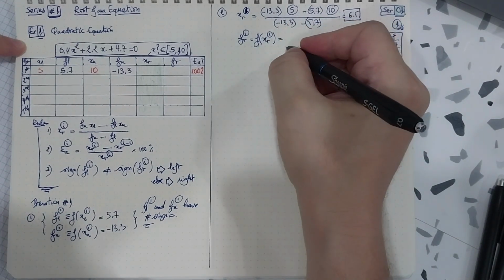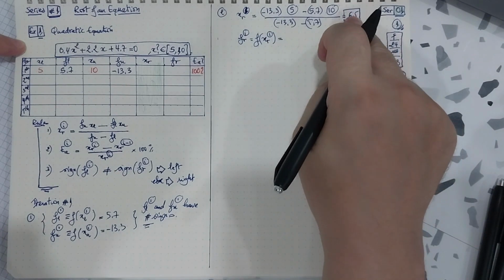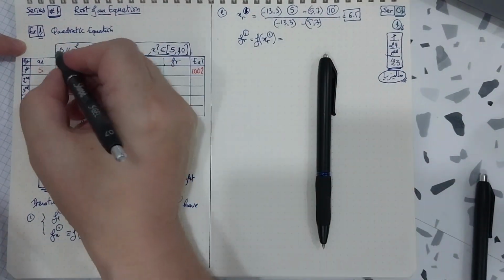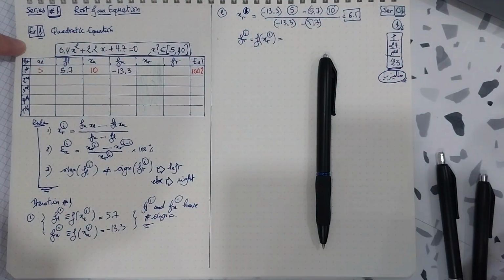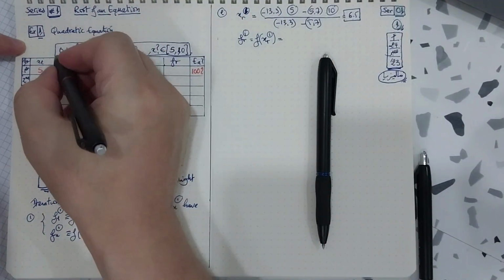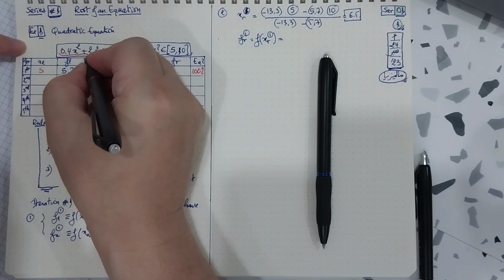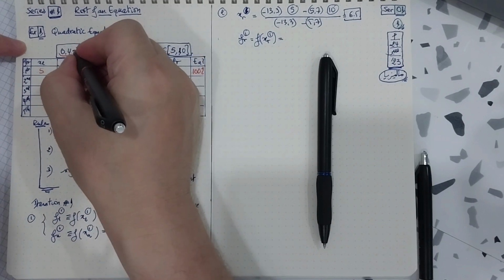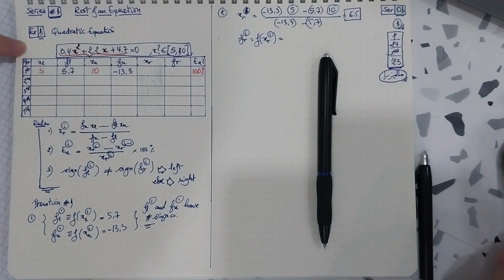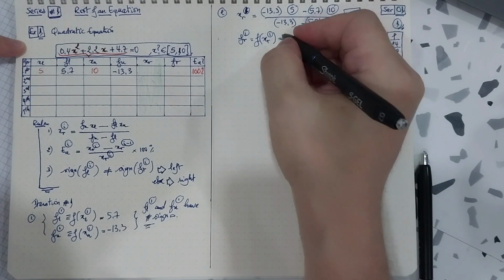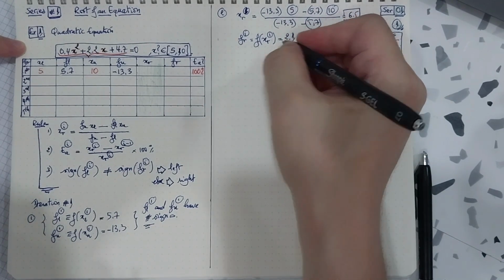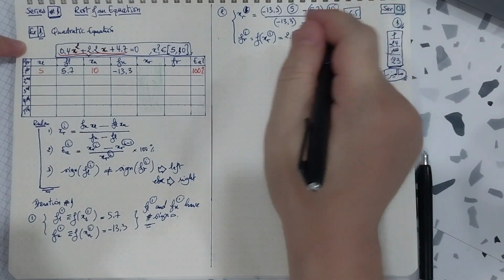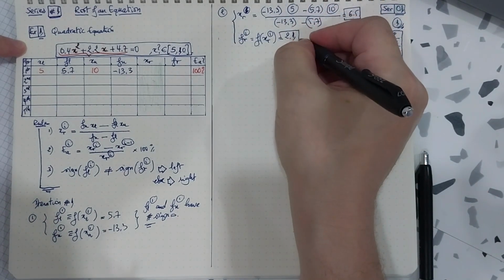We take the value 6.5 and we replace it in f(x), and we obtain 2.1. And we report the values in the table.